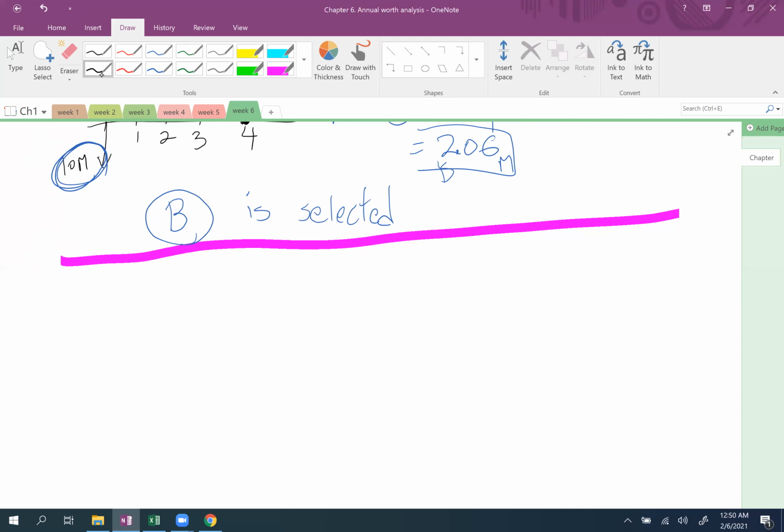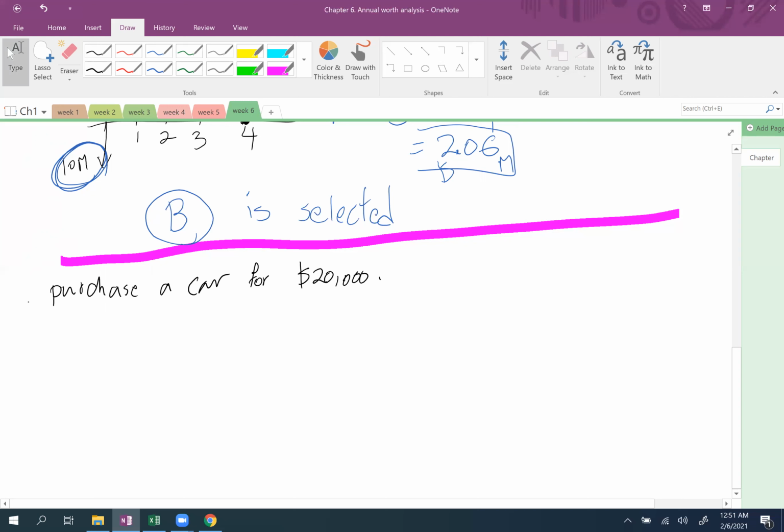For example, you purchase a car for $20,000. You purchase a car for $20K, and you want to work for Uber with this car.